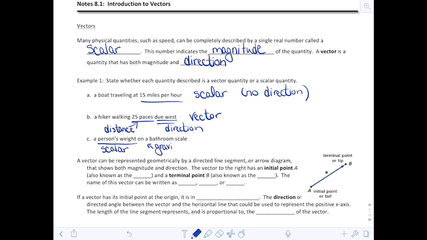It's a force that is pulling against gravity. So we would say that this is a vector. Gravity pulls down. And you may recognize that concept from your physics class if you've had that before. Gravity provides direction in this case.